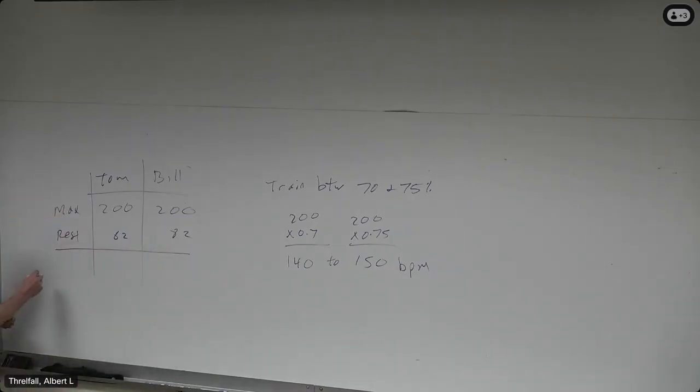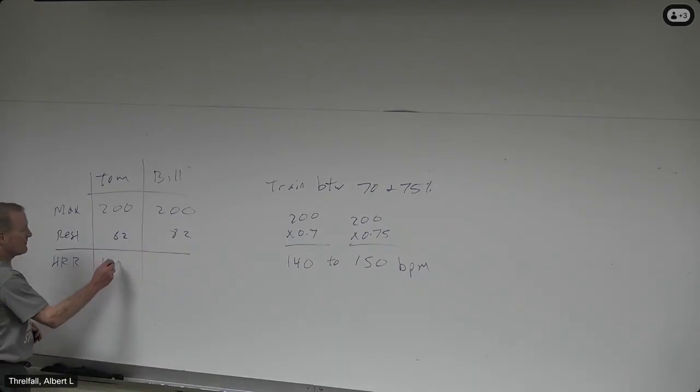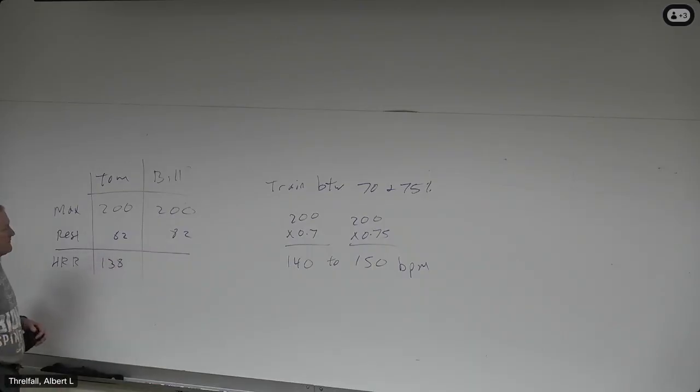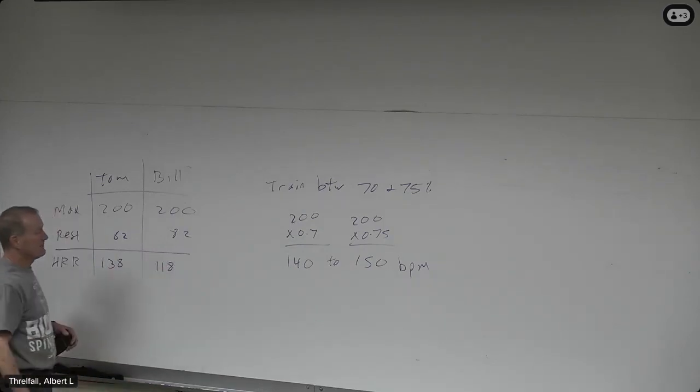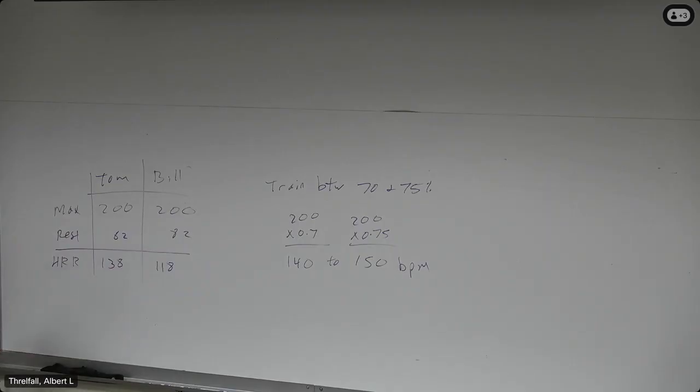So if we look at something called their heart rate reserve, that's the difference in going from a state of rest to a state of maximal exertion. So we have here, what, 138? And we have here 118. Joanna, don't let me blow first grade math again.